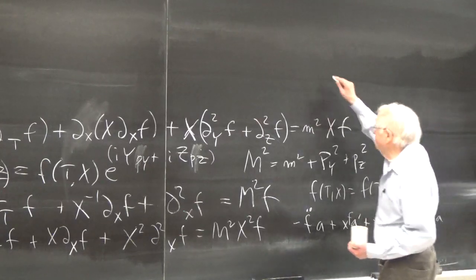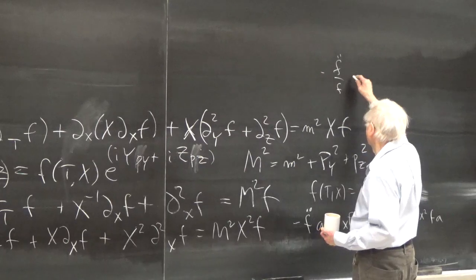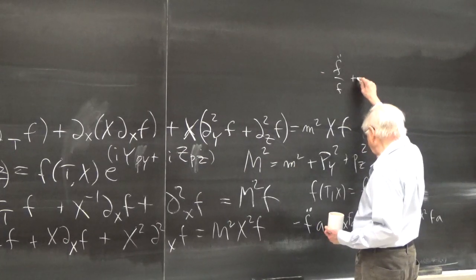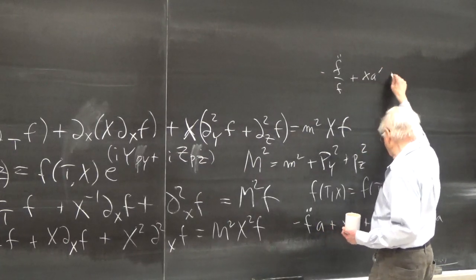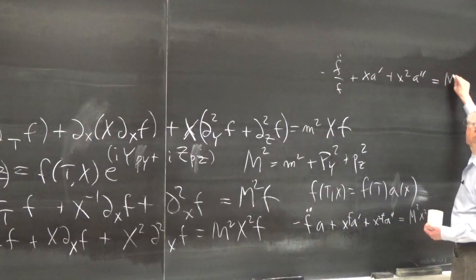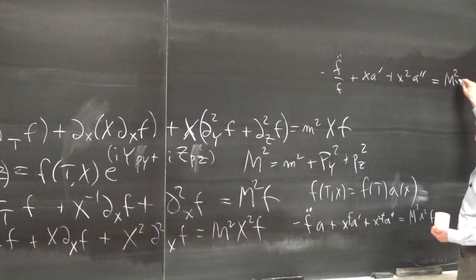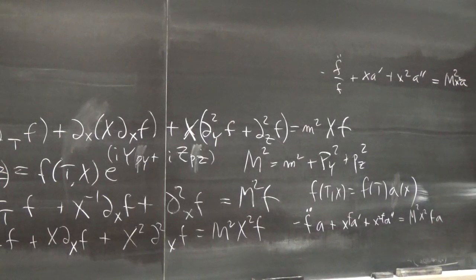So we have minus f double dot over f plus x a prime plus x squared a double prime, divided by a, equals m squared x squared a. And you divide everything by a too, right? Everything should be divided by f times a. That way you cancel the a on the f double dot term.